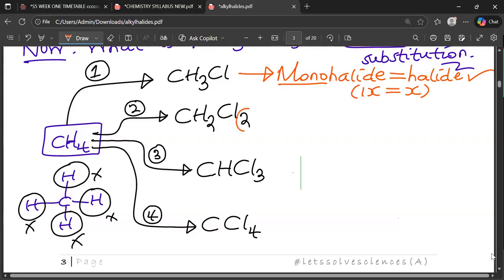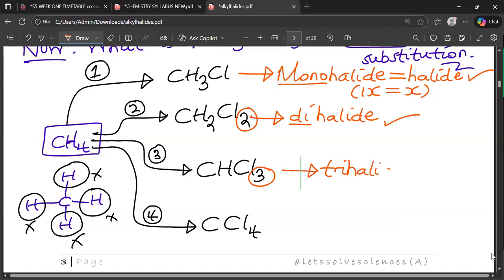When two of them have replaced two hydrogens, this is what they call a dihalide. I want you to follow. When three of them, one word, have replaced three hydrogens, that's what they call a trihalide.